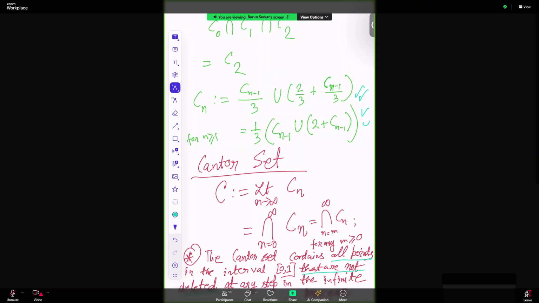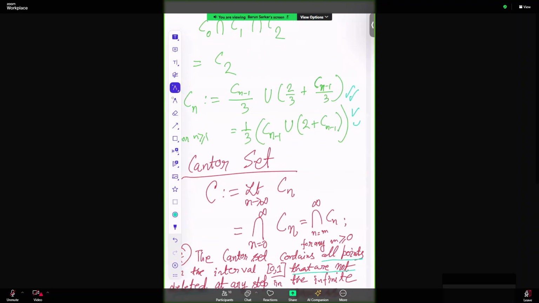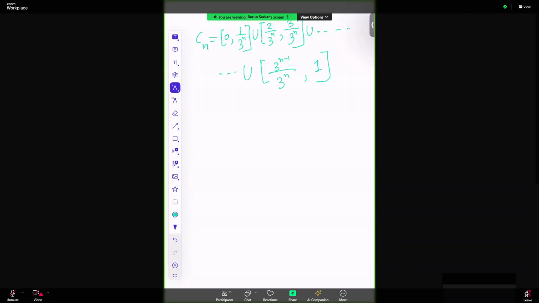So there is one interesting property. What are the things you are removing?